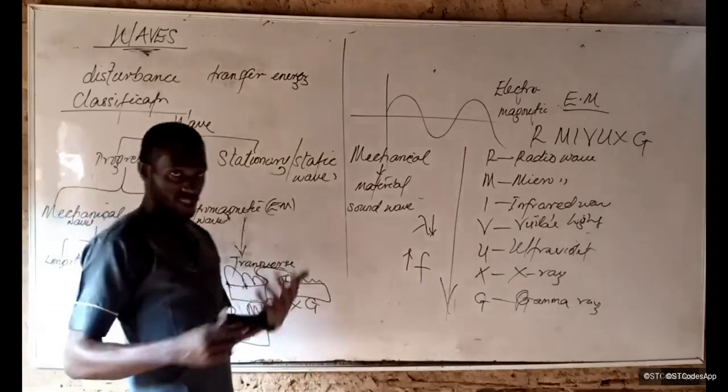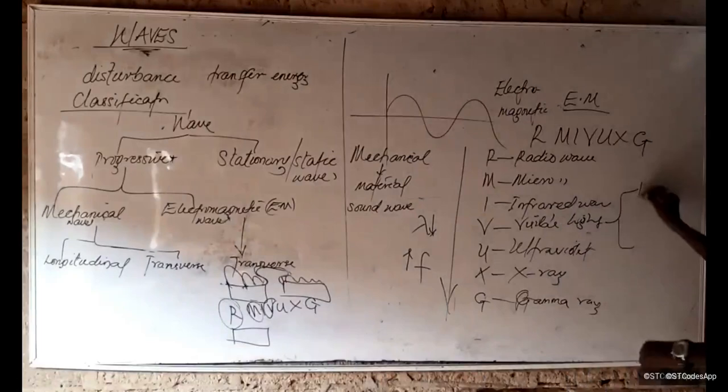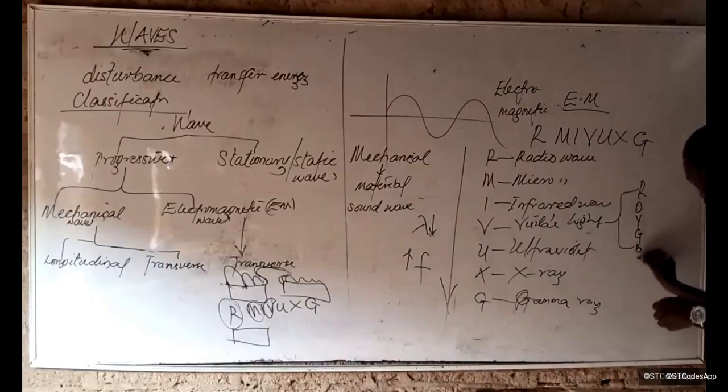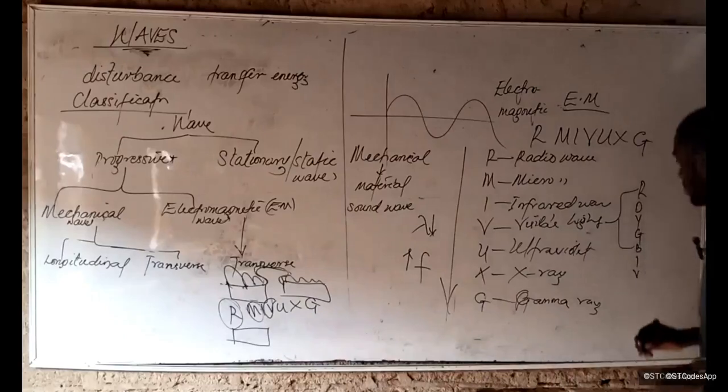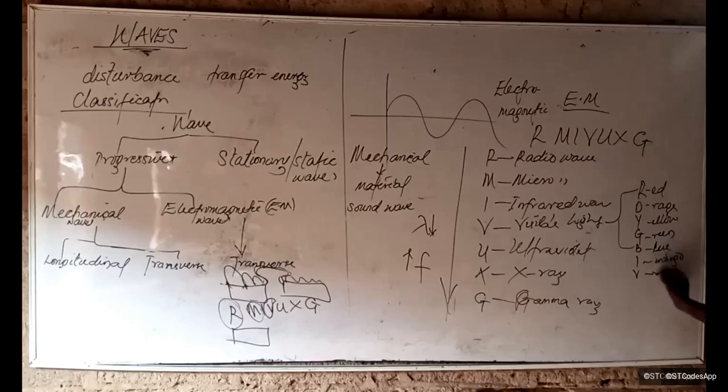Now, in the visible light spectrum, we also have another spectrum, and that spectrum is the Roy-Big spectrum. And what's the Roy-Big spectrum? It's just the red, the orange, the yellow, green, blue, and indigo, and violet. Is that okay?